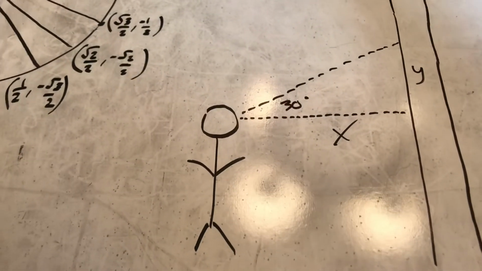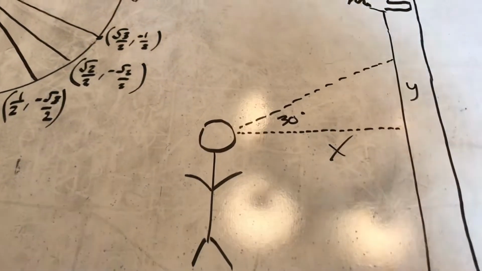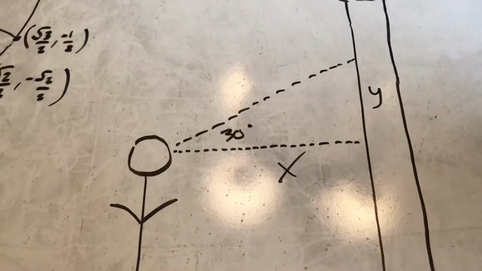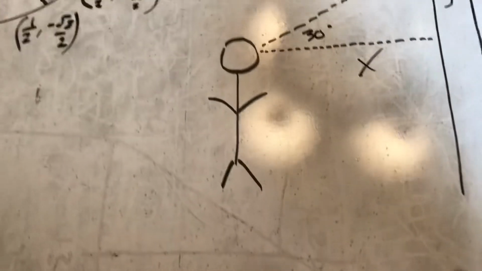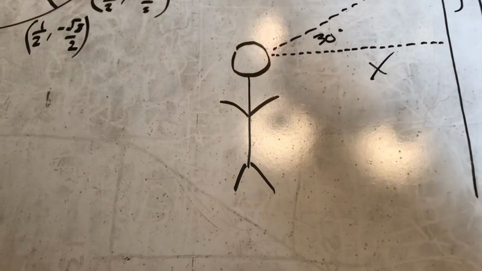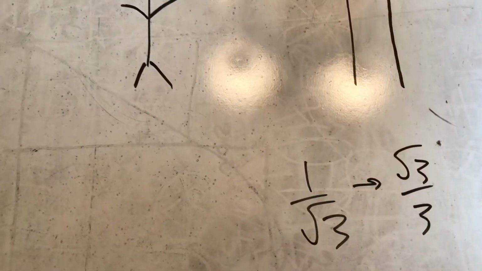When you simplify that, remember that tangent is always the ratio between the opposite side and the adjacent side. I've labeled this as y over x, kind of using the unit circle definition here, but certainly you can use the SOHCAHTOA definition. When you work that out, you find that the tangent of 30 degrees simplifies down to 1 over radical 3, which is the same thing as radical 3 over 3.